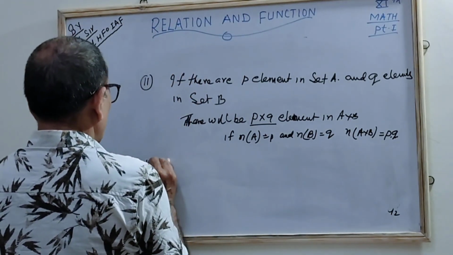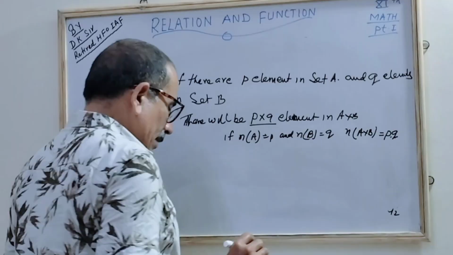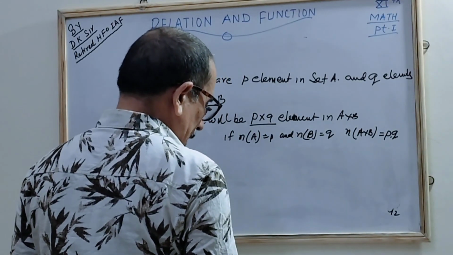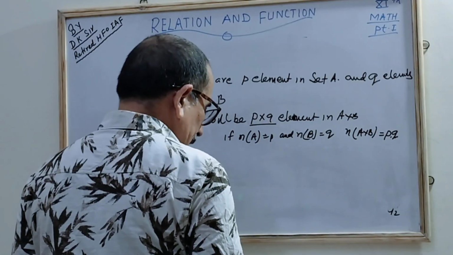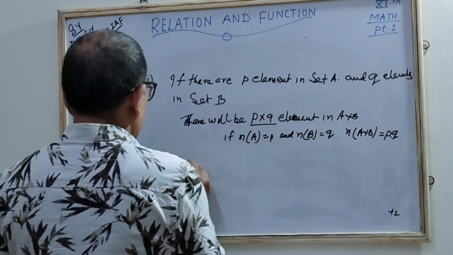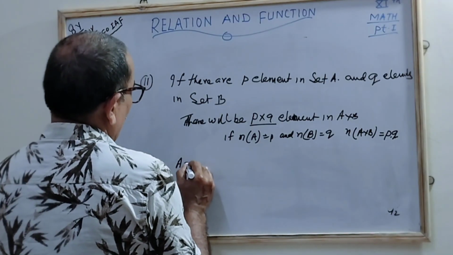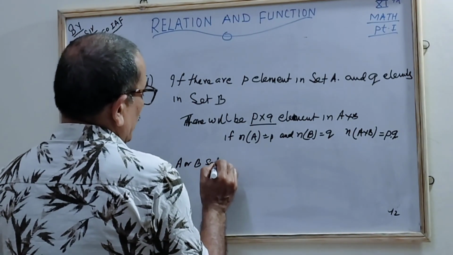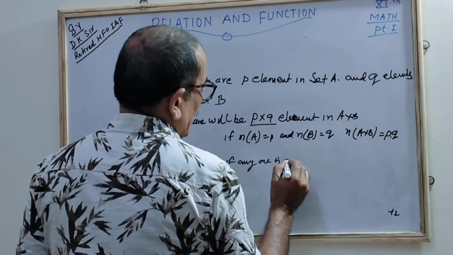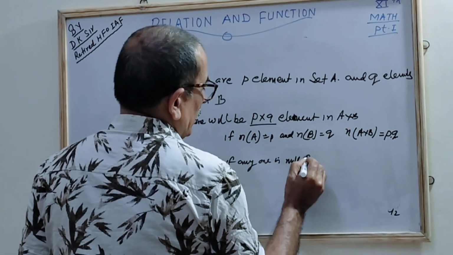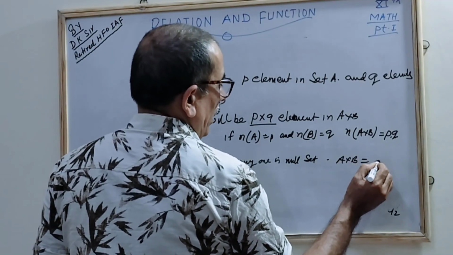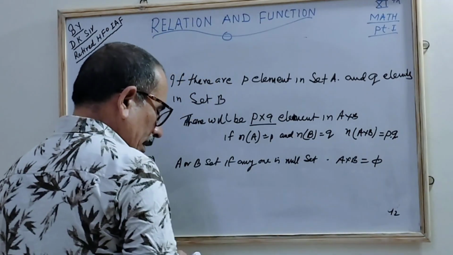The third: if A and B are non-empty sets, and either A or B is an infinite set. We have seen that if any one of A or B is a null set, then A into B is equal to the null set.